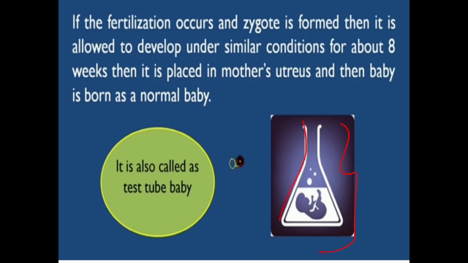The freshly collected egg and sperm are kept inside this test tube, and if fertilization occurs and the zygote is formed, then this zygote is allowed to develop for 8 weeks and then it is placed in the mother's uterus.